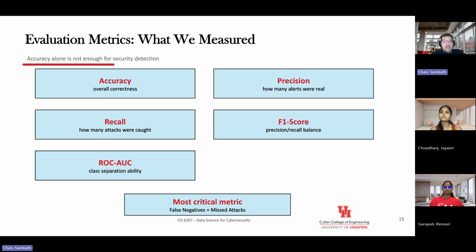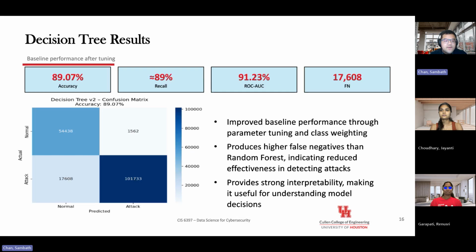We also use the F1 score to balance precision and recall, and the ROC AUC to measure how well the model separates the classes. Most importantly, we focus on false negatives, because a missed attack can lead to serious system compromise. So yes, let's move to the next slide.